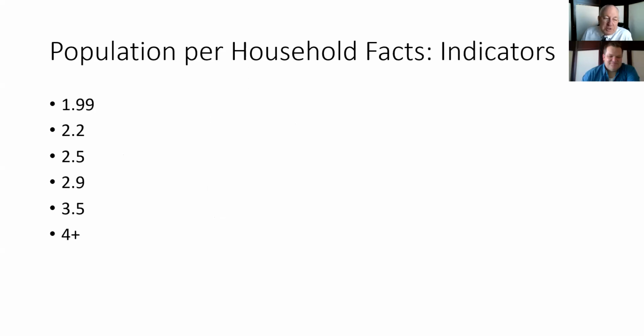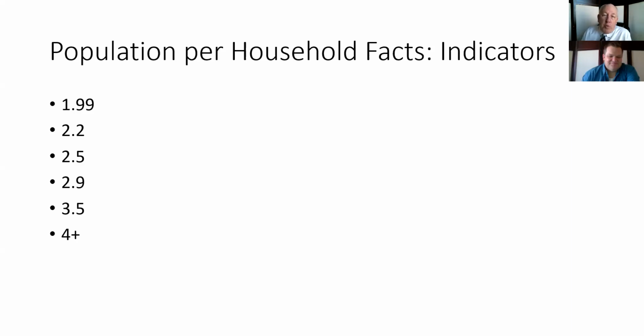Now, I've got on this page a series of numbers. There are 6, and I'm going to tell you real quick what they mean. 1.99. Generally speaking, when there is a population that has a very low population per household, they come in a little under 1.99. That's a general rule of thumb.